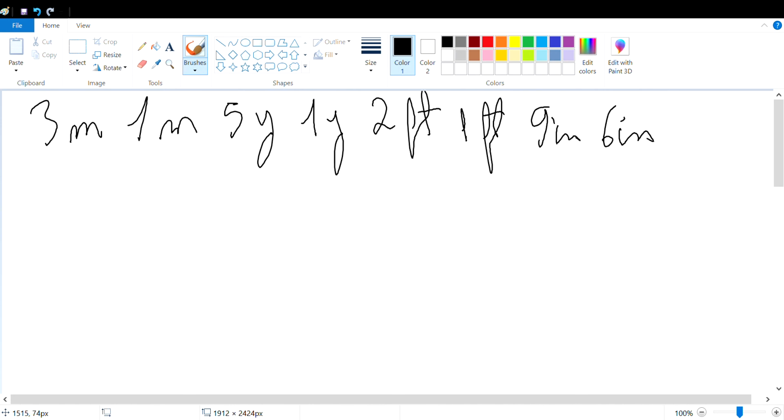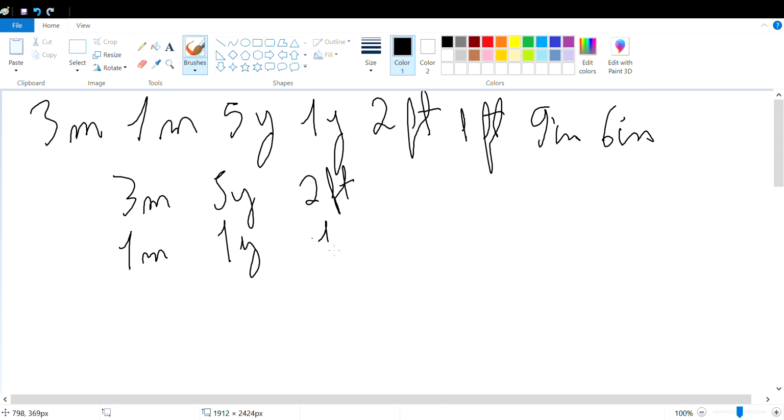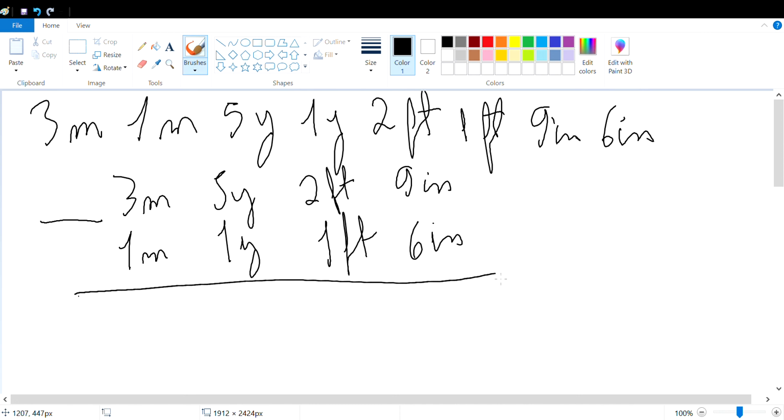Same situation, I organize all this. It's a subtraction.